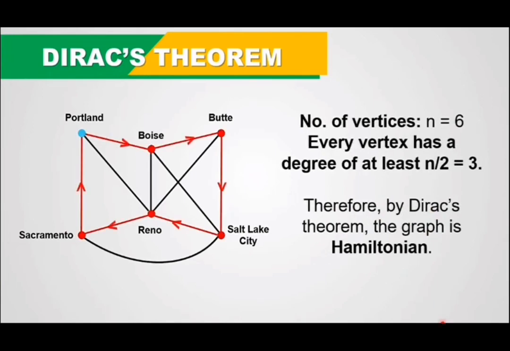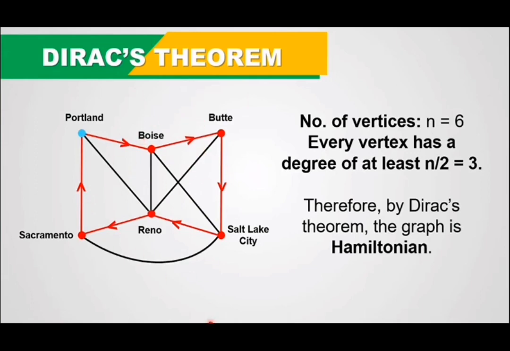For example, if we start at vertex Portland, we go to Boise, to Butte, to Salt Lake City, to Reno, to Sacramento, and then we go back to Portland. So this is a Hamiltonian circuit. Again, this graph is Hamiltonian because it has met the conditions of Dirac's theorem, and it also contains a Hamiltonian circuit.